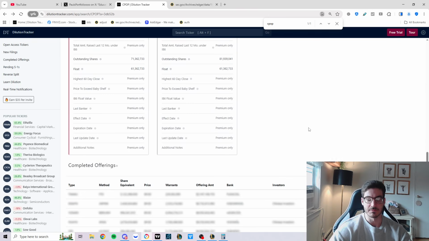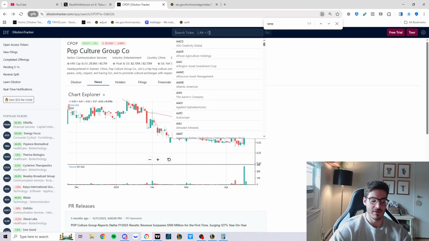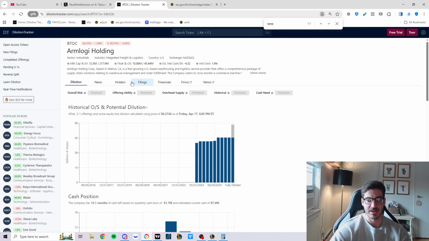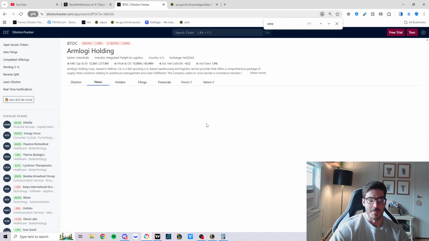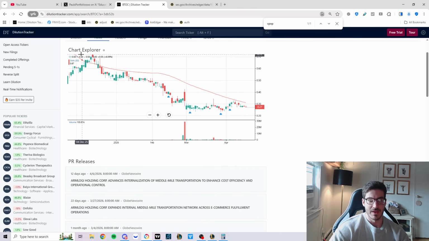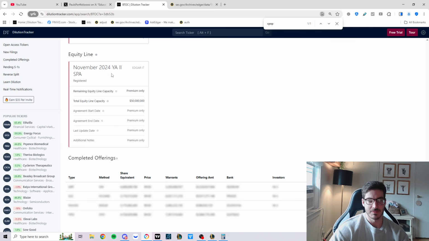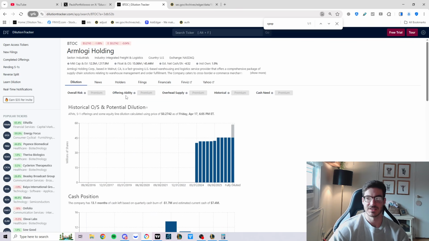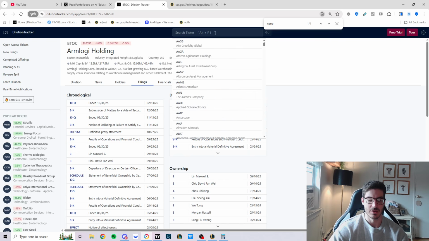Then you have ATMs. BTOC is actually an example, but let me just pull it up. They don't really have anything except for this SPA. An ATM is essentially an offering, but they don't file an effect, they file a prospectus.